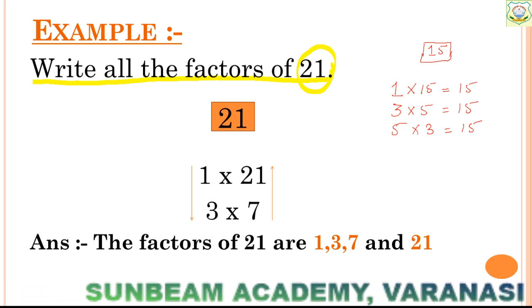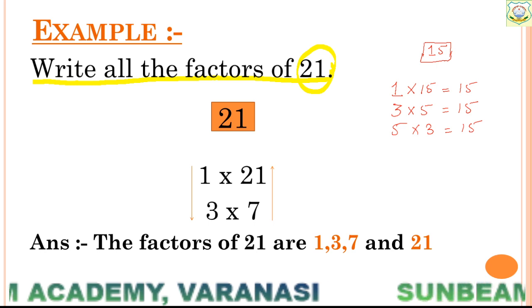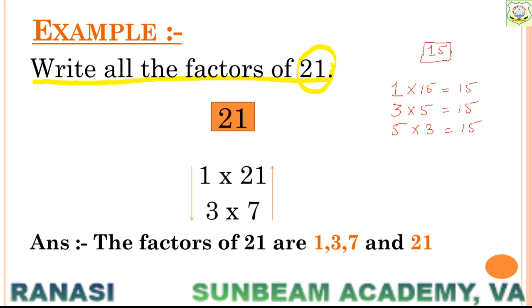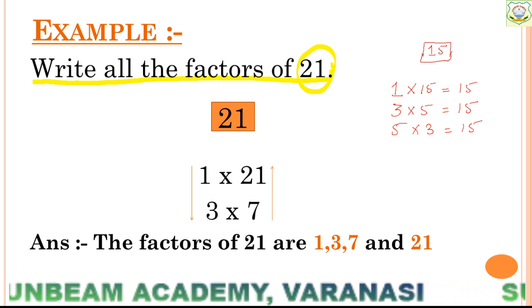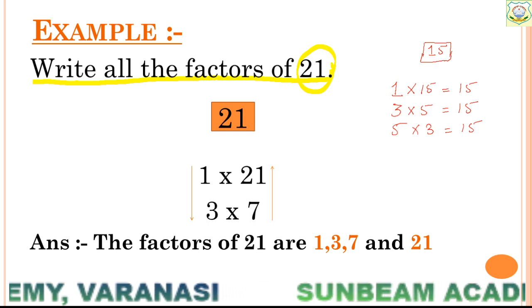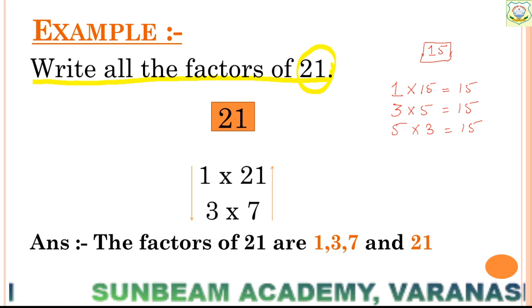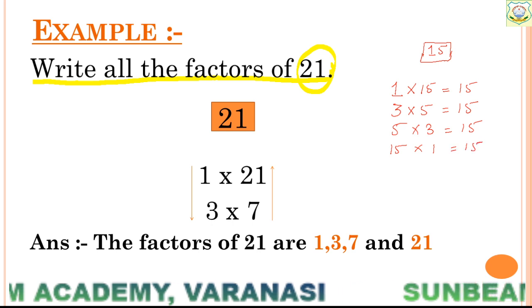And then does it come in the table of 6? No. 7? No. 8? No. 9? No. 10? No. 11? No. 12? No. 13? No. 14? No. Then at last it comes in the table of 15. 15 one time is 15.